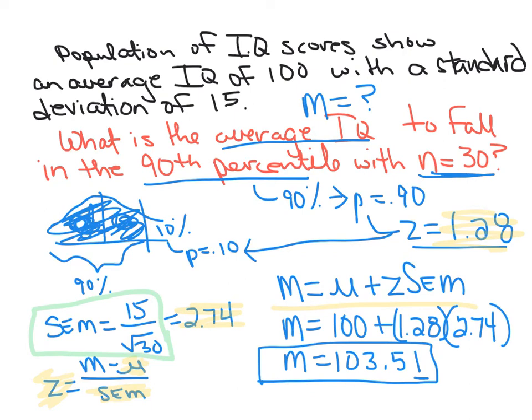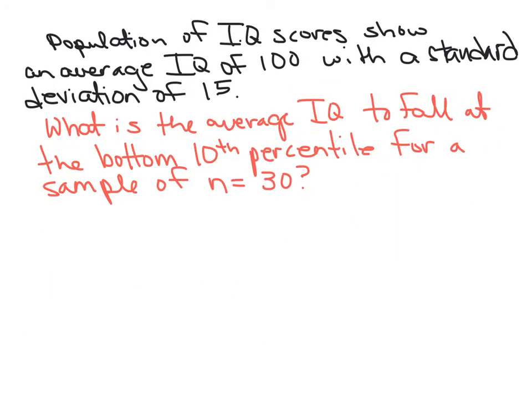This is why it's always good for you to do this, and hopefully walking through it like this will help you. So we have the same population information, and now we're asking what is the average IQ to fall at the bottom 10th percentile for a sample of n equals 30. So the average IQ, again, is we're looking for M, right?